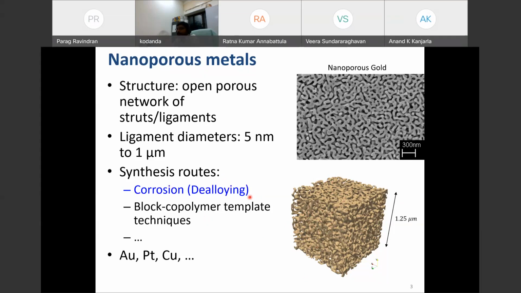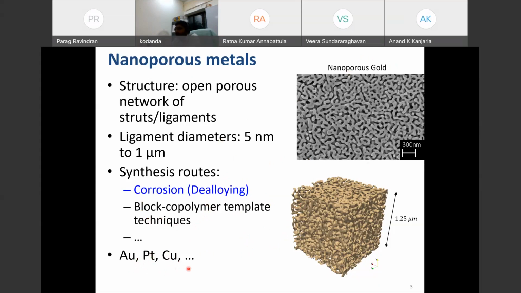You can produce them through various methods like de-alloying or block polymer template techniques. The most popular or widely used one is the de-alloying technique, because it is the simplest one. Through this method, we can produce not just the nanoporous gold shown here, but also nanoporous platinum, copper, and other metals too.